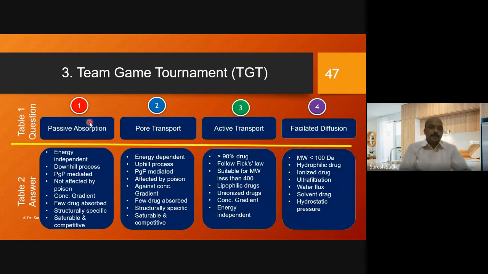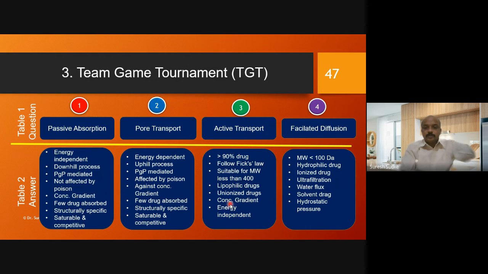So I have prepared the questions: what is passive absorption, what is pore transport, what is active transport, what is facilitated diffusion, and I have randomly placed these cards over here. So if the question is, what are the characteristics of passive absorption, the answer will be this: more than 90% of drugs are absorbed. It follows Fick's law of diffusion. It is suitable for drugs having a molecular weight less than 400 daltons.